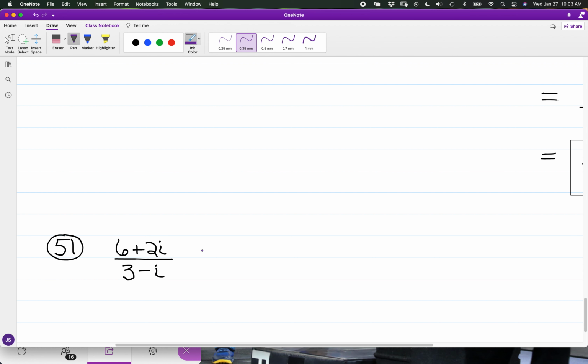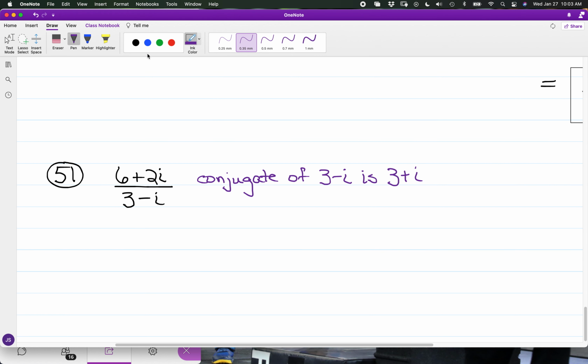And again, so you have for the conjugate of the denominator, the conjugate of 3 minus i is 3 plus i.